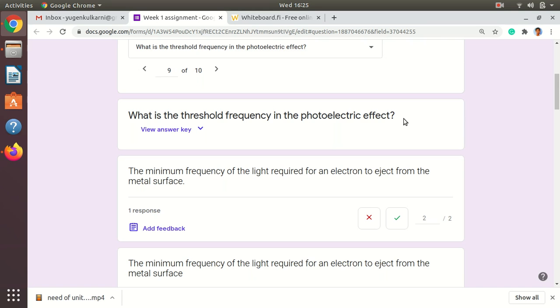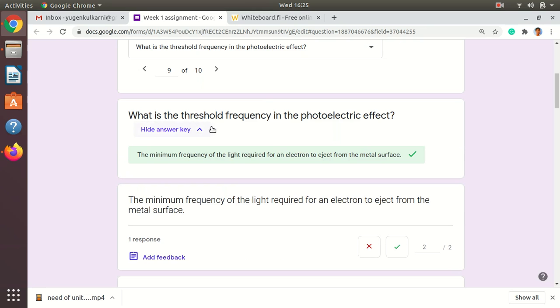So we will see what the definition is. It is the minimum frequency of light or radiation required for an electron to eject from the metal surface. This is the ideal definition. Even if you have not written it in this sequence or these words, you will get full marks only if your concept is correct. I will explain why I am saying this.